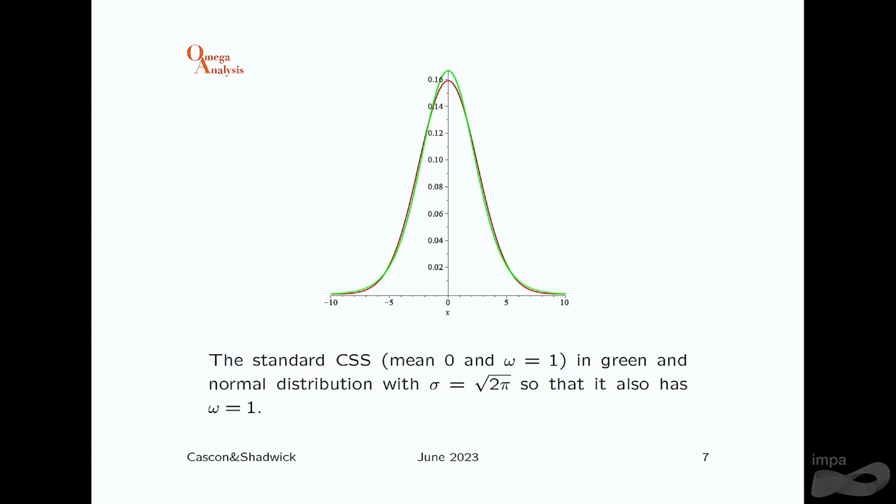So if we pick the sigma to be root 2 pi, that corresponds to an ohm of 1 for the normal. And you can see from the picture that the green distribution, the CSS, is slightly fatter tailed than the normal distribution. They're both thin-tailed in the sense of extreme value theory. They're both in the domain of attraction of the Gumbel distribution. But there are slightly fatter tails than normal.